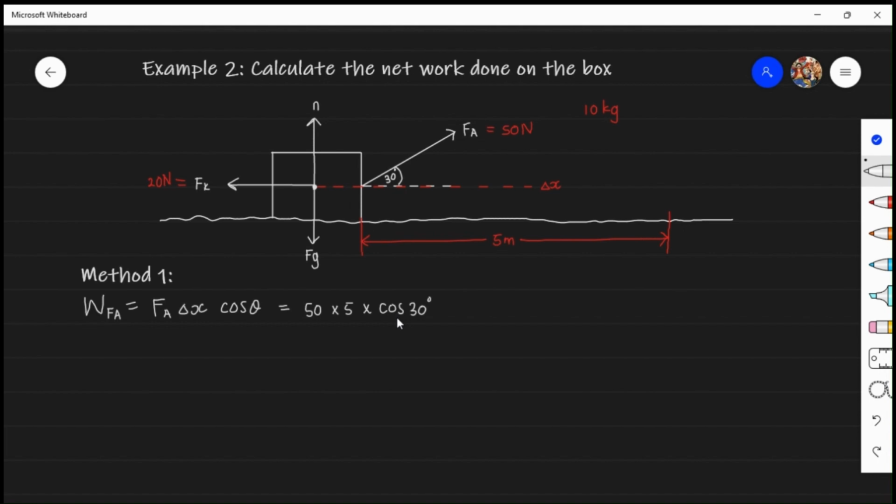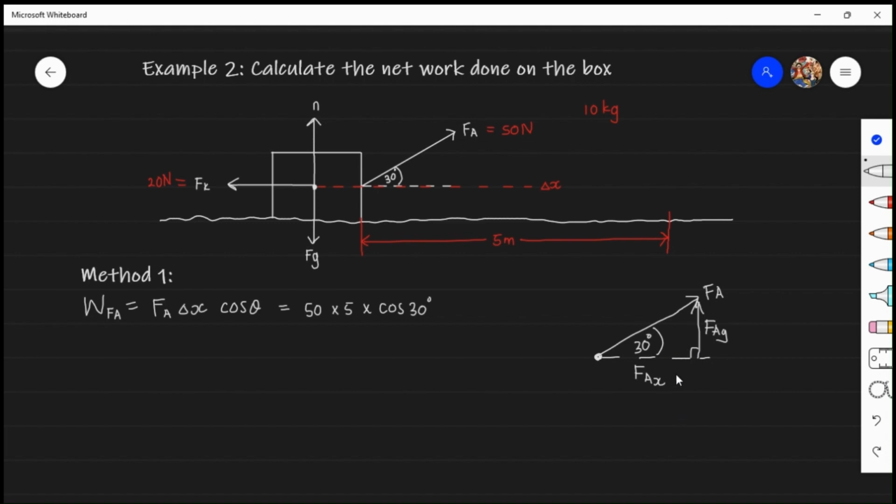Now, if you look at the applied force, it is at an angle, and if we were to break up this force that is at an angle, let's redraw it over here. So this is our force, and if we were to break it up into its components, we would have F A in the y direction and F A in the x direction, and this is our 30 degrees and 90 degrees.